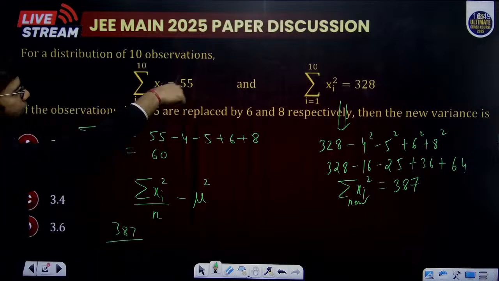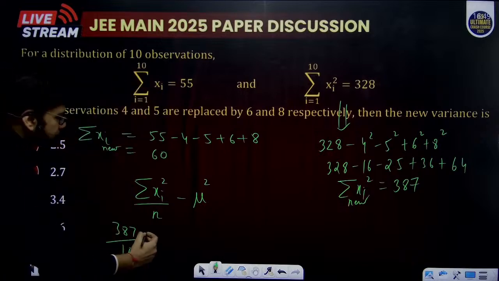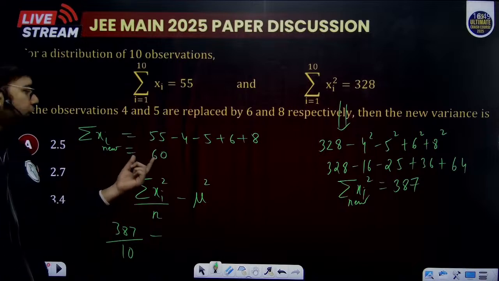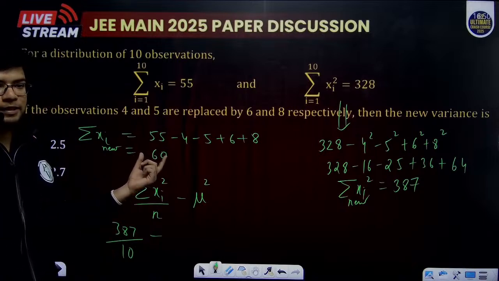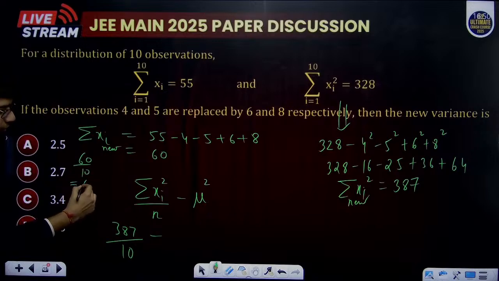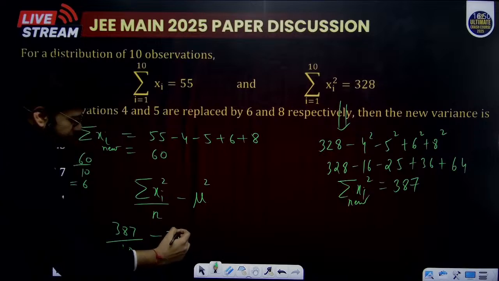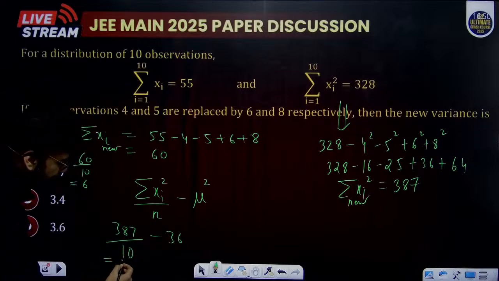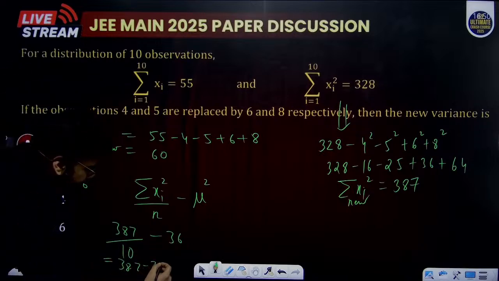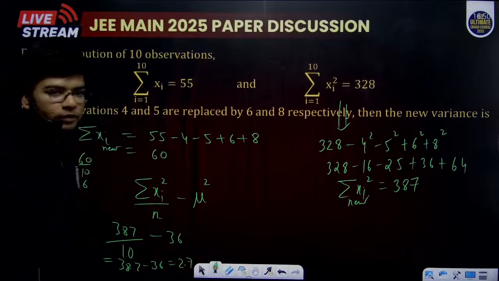N is number of terms, from 1 to 10. So this is 10 minus. Now sigma xi is 60. So 60 upon 10, that will give me 6. 6 is my new mean. So 6 square will become 36. So that is giving me 38.7 minus 36. That will come out as 2.7. B option is your answer.